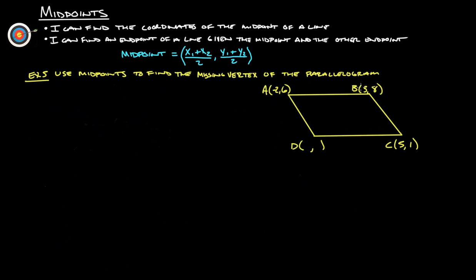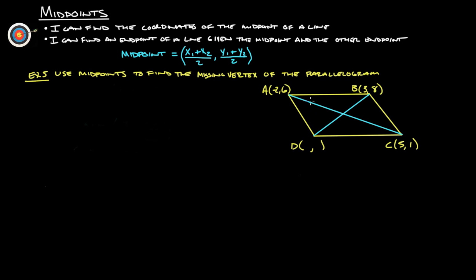Okay, so here are 4 coordinates, one of them the missing vertex. So we can use the midpoints to find that missing vertex of the parallelogram, which would mean we would find, let's say, so we've got this here and this here.